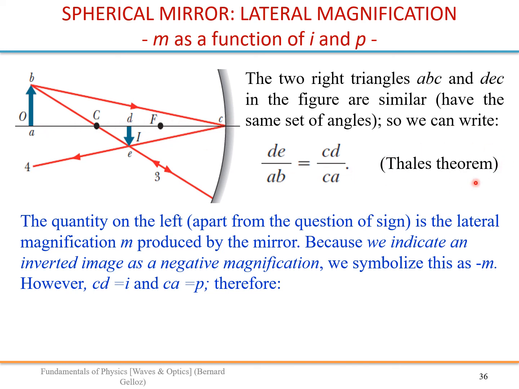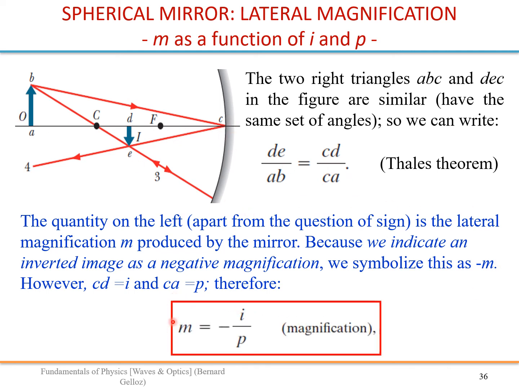So this is one aspect of the so-called Thales theorem. So looking at this, the quantity on the left is M, in fact. And because in this case it is inverted, we write it as minus M. And on this side, CD is I and CA is P. So you can write in fact that M equals minus I divided by P. So this is our definition of the magnification.